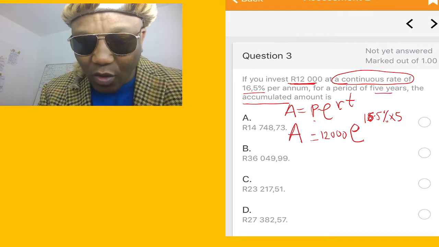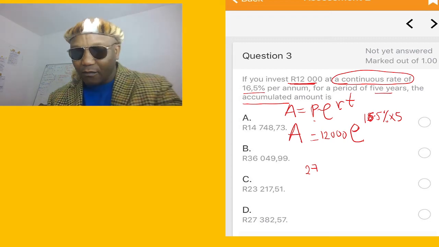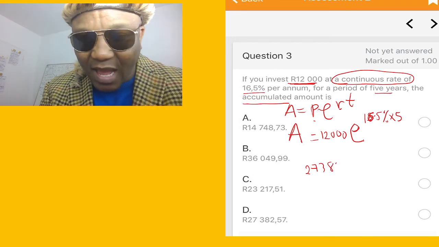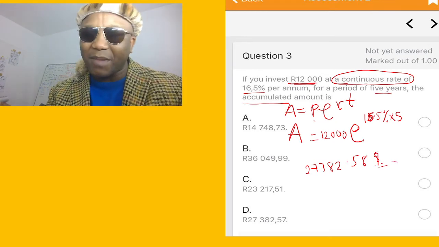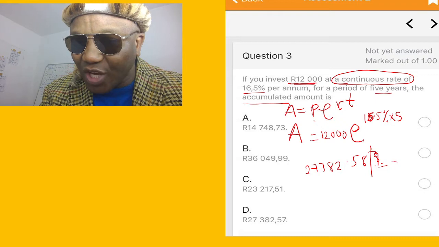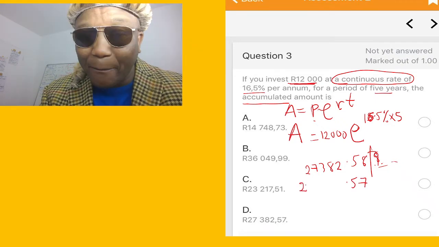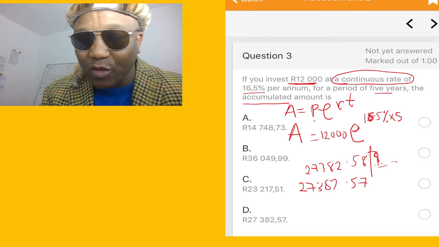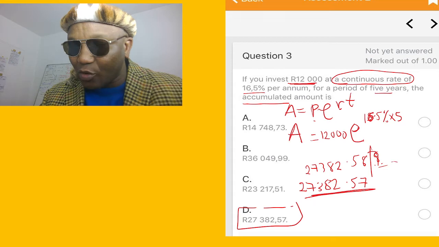So our answer is 27,382.56, whatever that number is. I think it's 8 or 9 if I'm not mistaken. So this is going to change the previous one. I believe you learned how to approximate in 6th grade. So it's going to be the last option, option number 4.